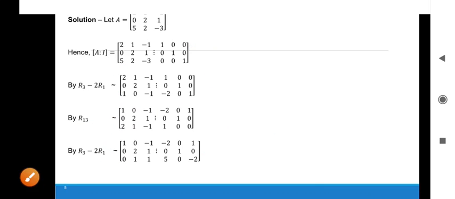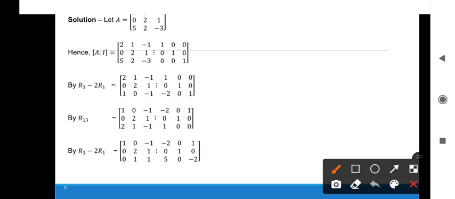Now we are going to make this second row second column, that is the leading diagonal second row element, as 1. So it is possible using the third row second column element 1.